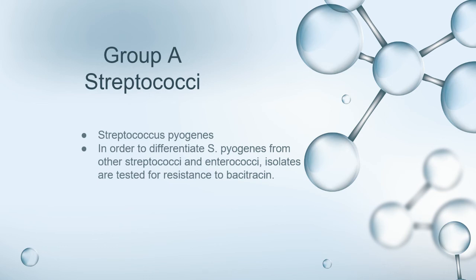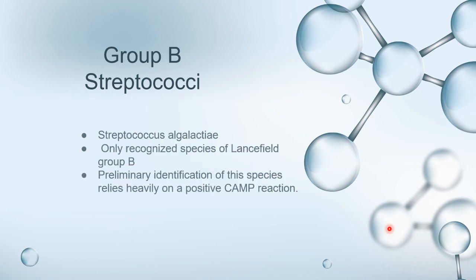Okay? So, if you have tested your known samples sa bacitracin and nag-react siya, that is most likely Streptococcus pyogenes. Kasi again, other Streptococcus species are not sensitive to bacitracin, meaning they are resistant. So, walang reaction. Okay? So, si S. pyogenes ang sensitive kay bacitracin.